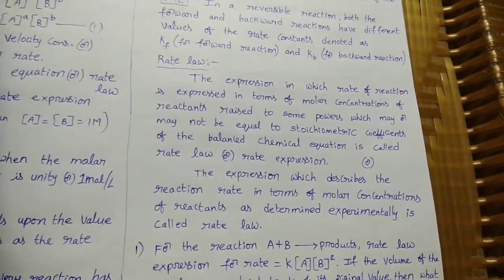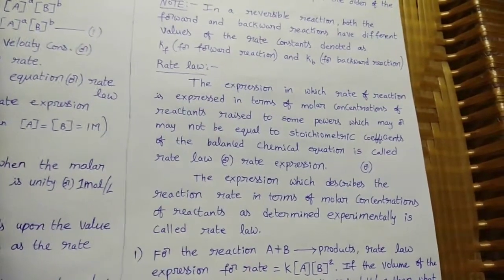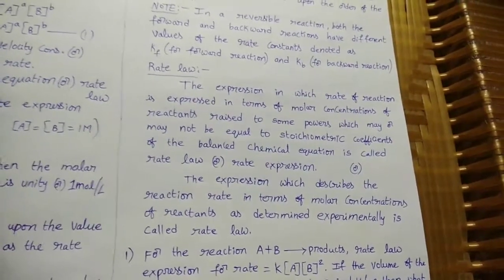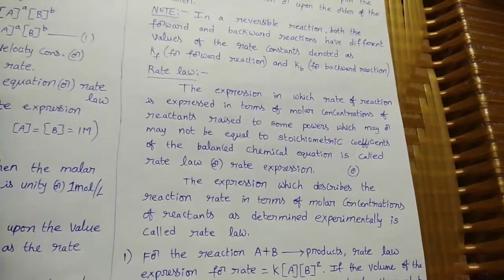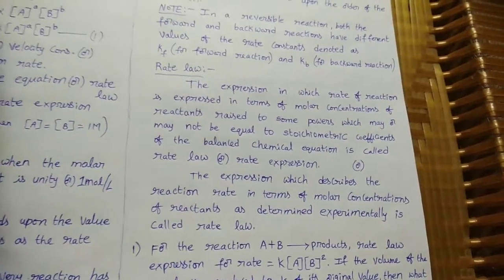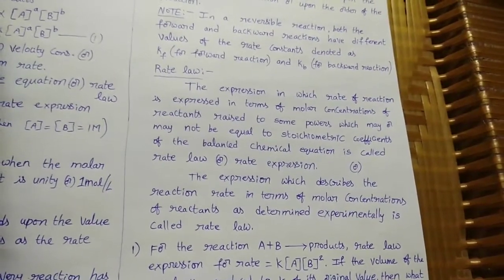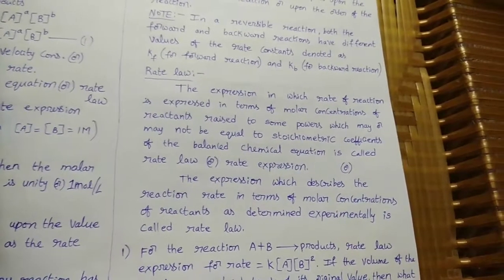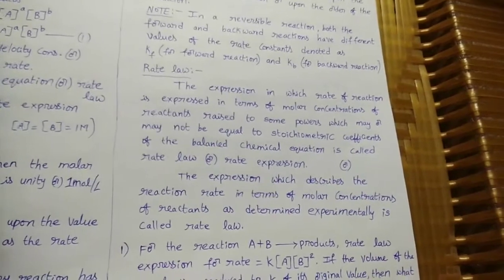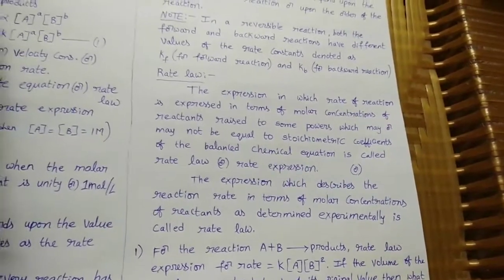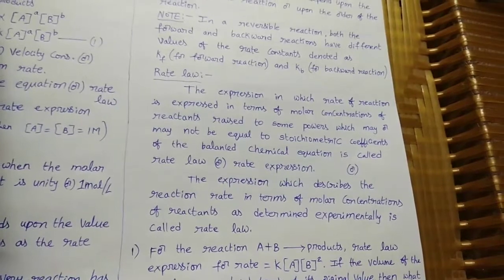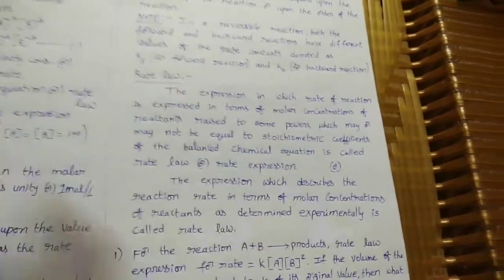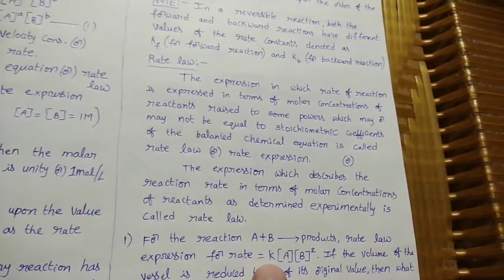See the stoichiometric coefficients are 1 and 1, but experimentally the rate expression is the concentration of reactant A and the concentration of reactant B raised to power 2. It means the stoichiometric coefficients are 1, 1, but here the powers are 1 and 2. These two are not equal. This rate expression is taken from experimental values. That's why this is the rate law or rate expression.